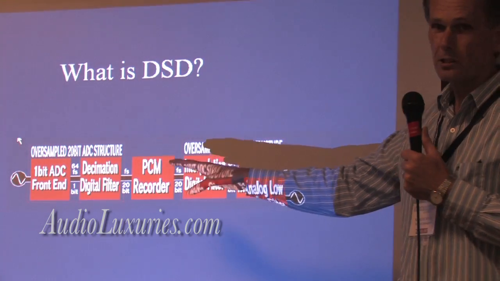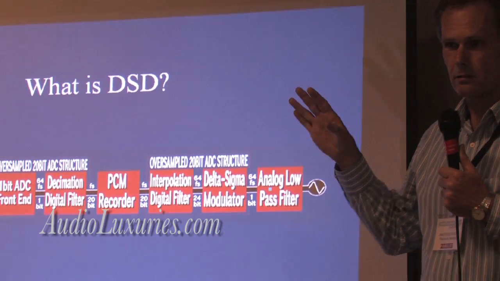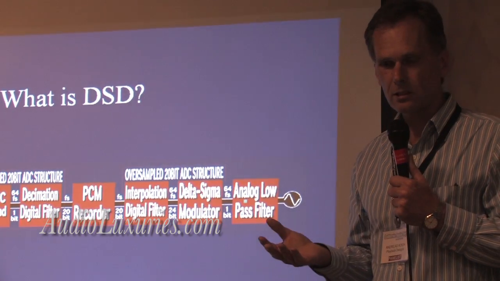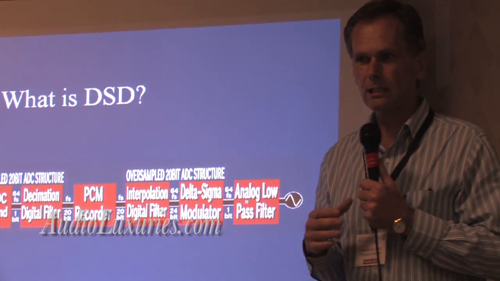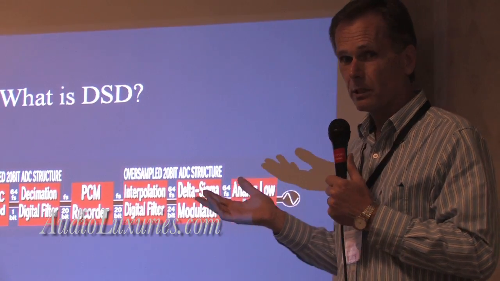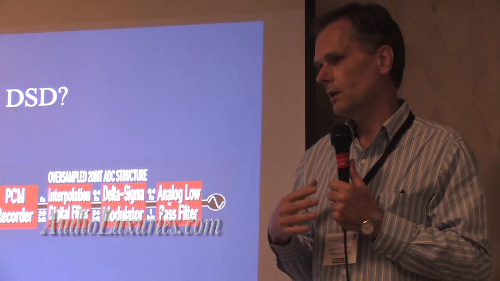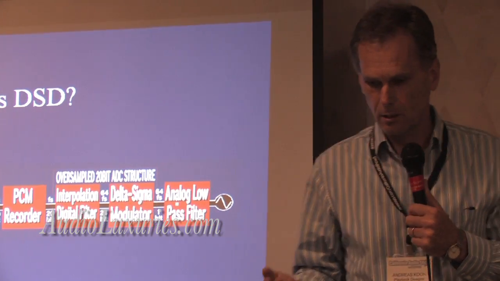So that's already state of the art in 1987, and without you knowing, you were listening to DSD a little bit. So DSD was really the enabling technology for PCM to reach higher precision and higher dynamic range.